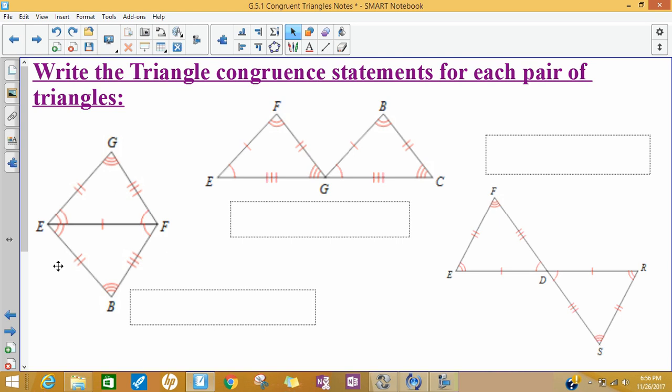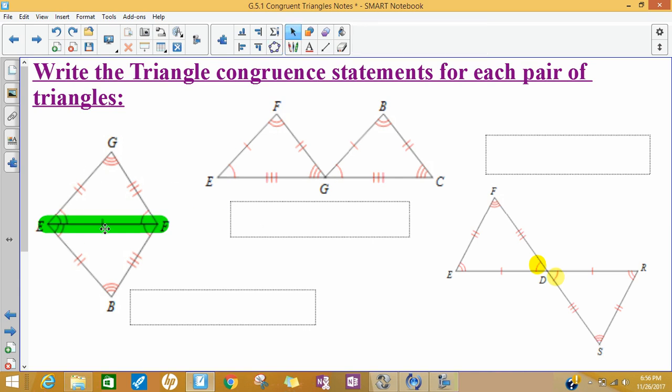So I have all my sides and angles marked up in each of these pairs of triangles. Over here, remember I have the reflexive property that exists. I just want to keep bringing that up. EF is congruent to EF. And then of course I have my vertical angles over here. Nothing here other than they share vertex G, but these are not vertical.